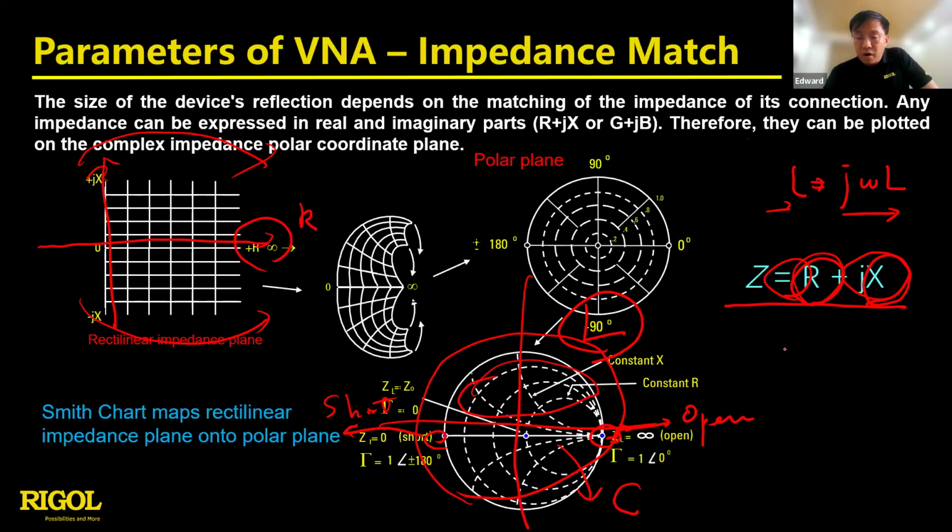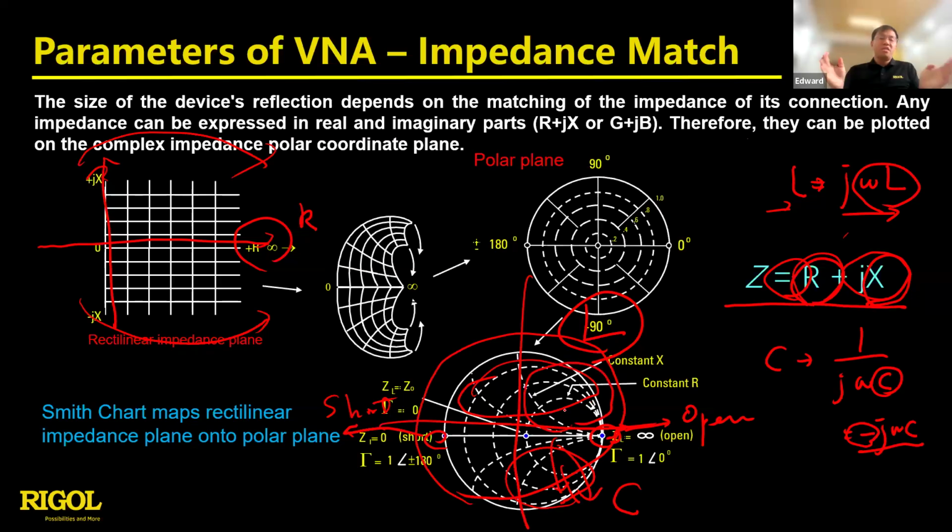If we have the capacitance impedance, that means 1 over j omega C, right? So this can also be called minus j omega C, right? So you can see this minus part, the minus imaginary part, is in the lower semicircle. But for omega L, it is in the upper semicircle, right? Okay, so it is a very simple concept from the Smith chart. Okay, good.